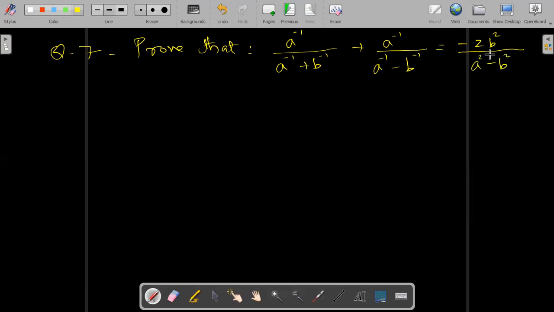So the left hand side we have to solve and prove it equal to the right hand side.